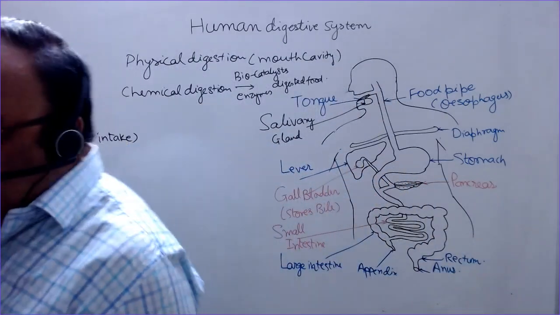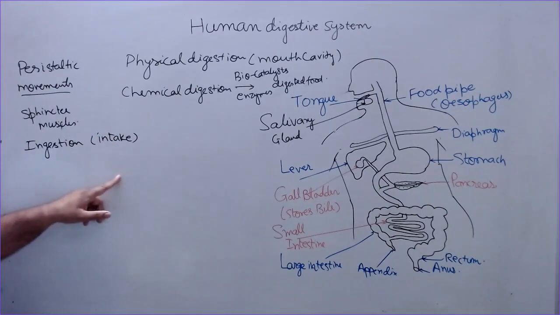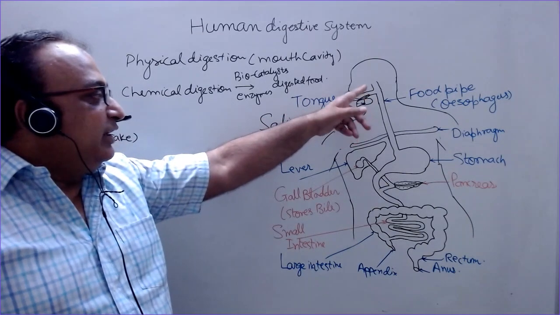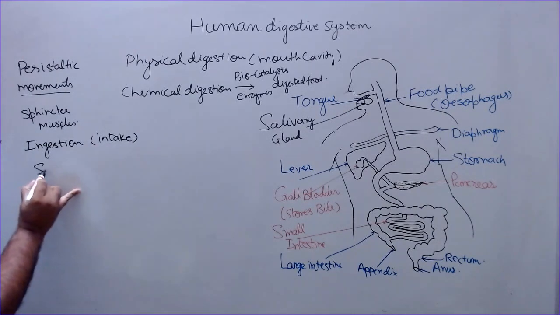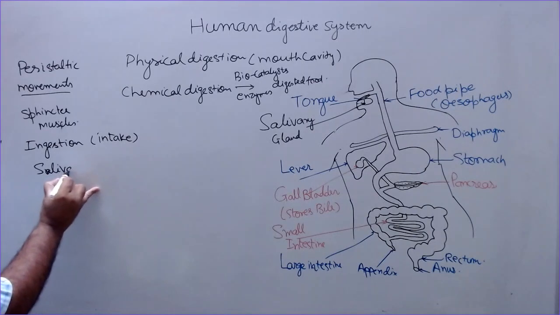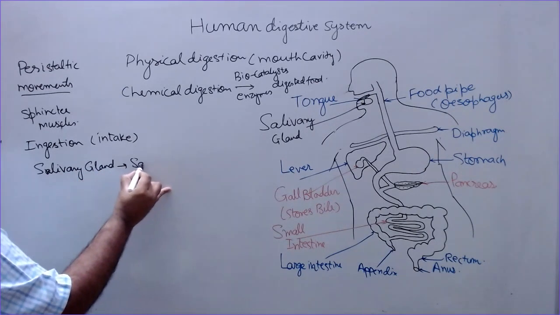So it begins with the first stage, that is ingestion, intake. The teeth here cut the food into smaller pieces, and then the physical digestion process begins in the cavity. Here the salivary glands secrete the enzyme called salivary amylase.